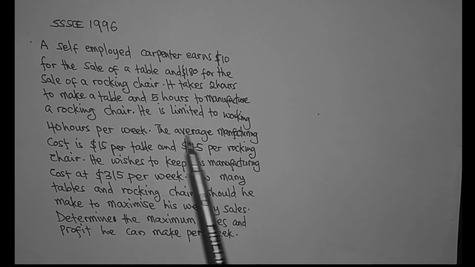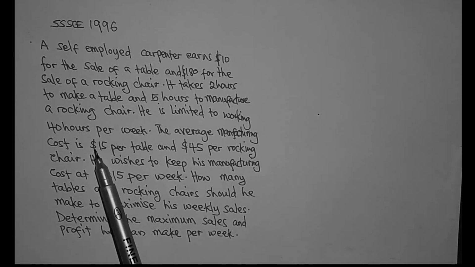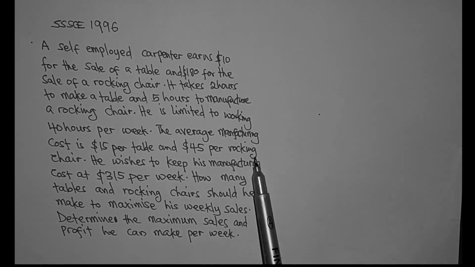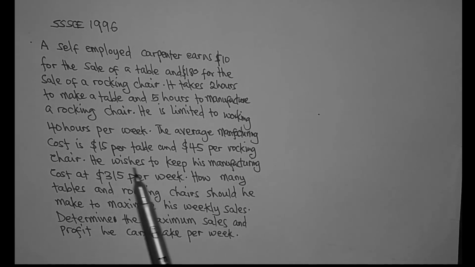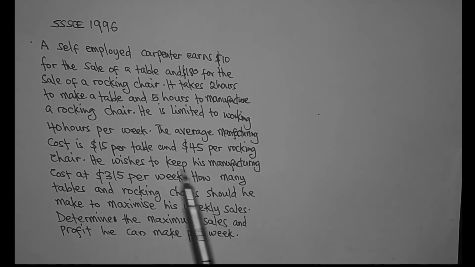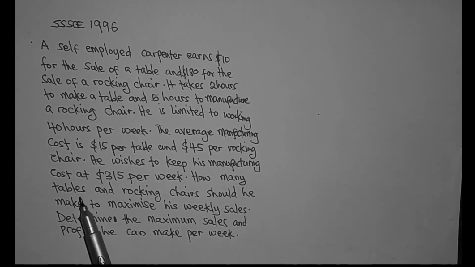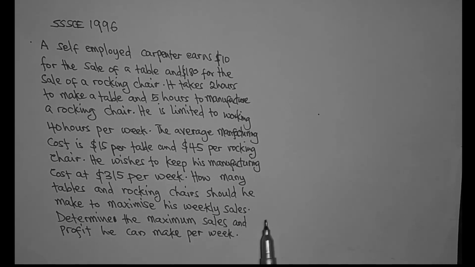The average manufacturing cost is $15 per table and $45 per rocking chair. He wishes to keep his manufacturing cost at $315 per week. How many tables and rocking chairs should he make to maximize his weekly sales? Determine the maximum sales and profit he can make per week.